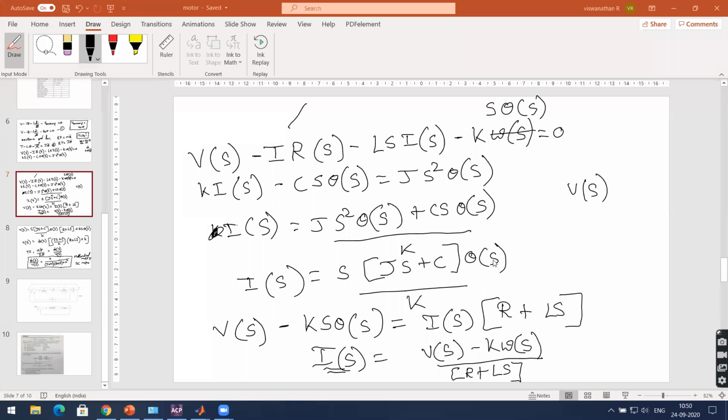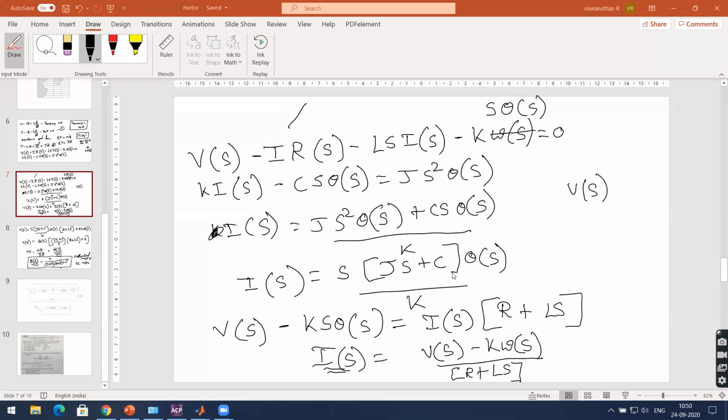So if you have to get omega, then what you have to do? You have to multiply with Js plus C. No, torque divided by Js plus C. So the equation is like this.